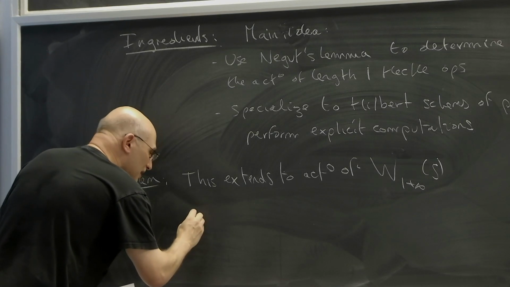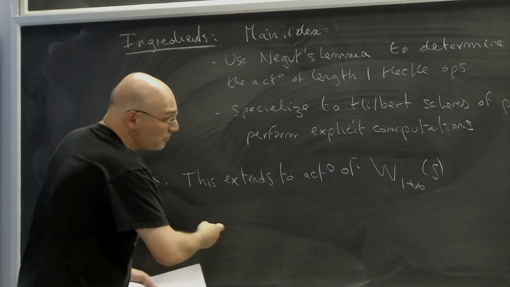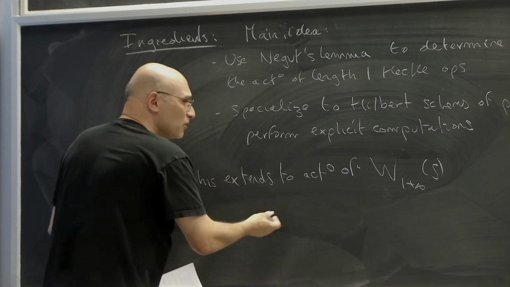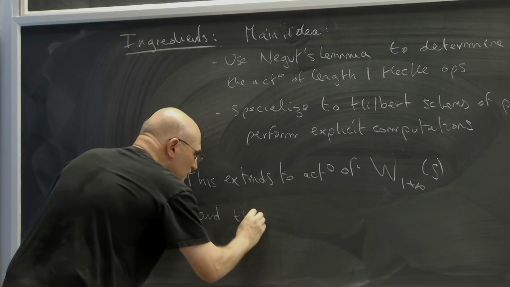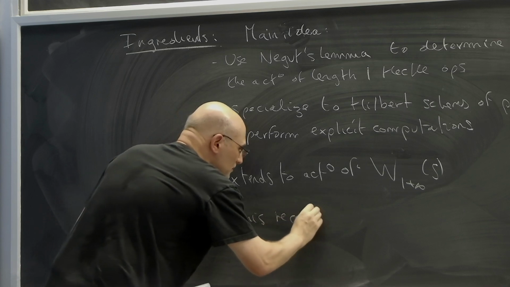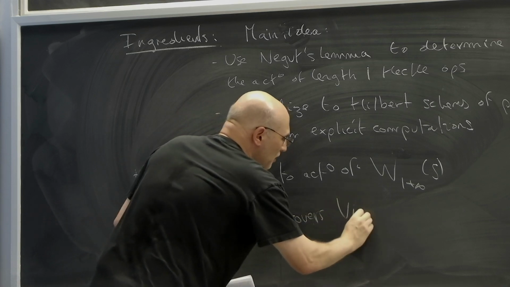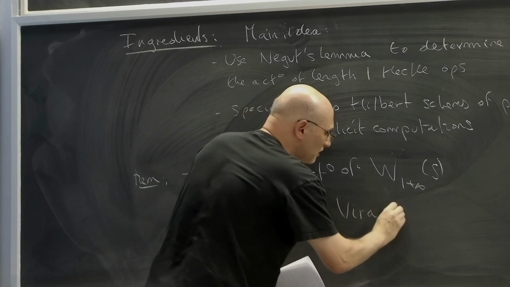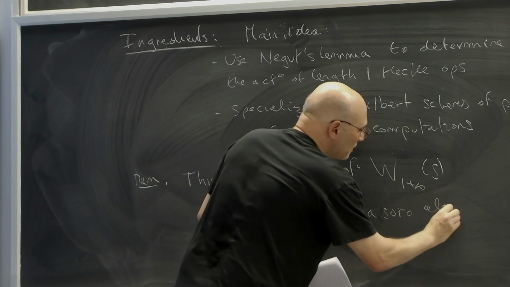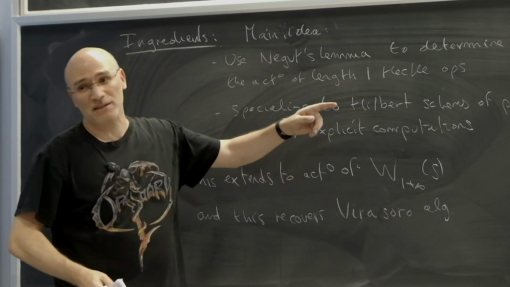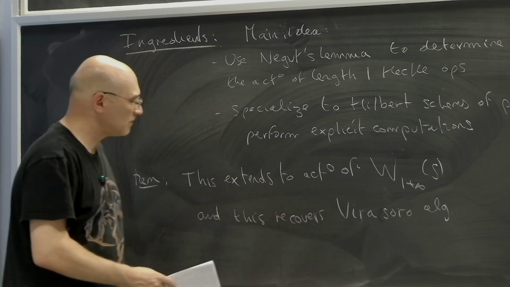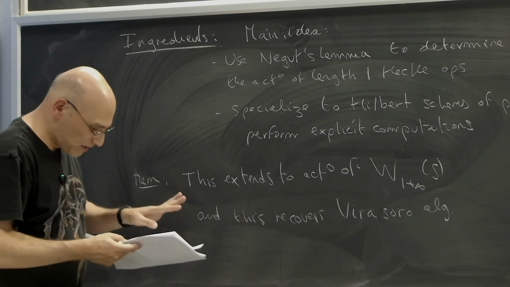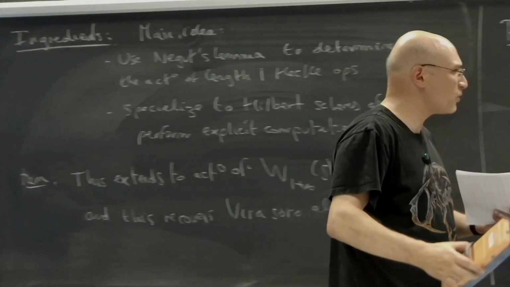And this allows us to recover not the full W algebra, but at least the Virasoro part. So on any of these two-sided Hecke patterns, we have an action of the Virasoro algebra whose central charge we can describe.